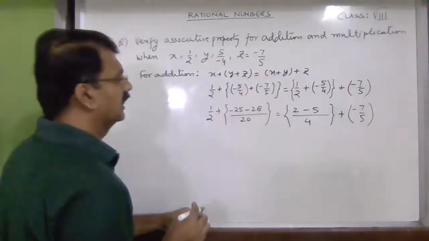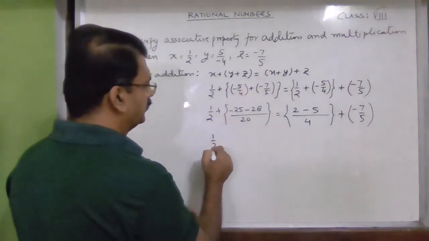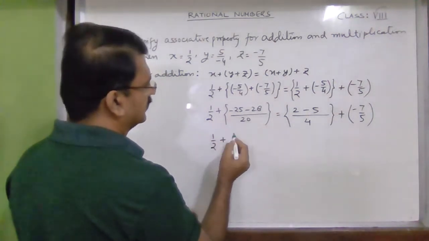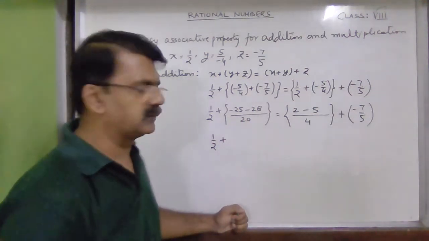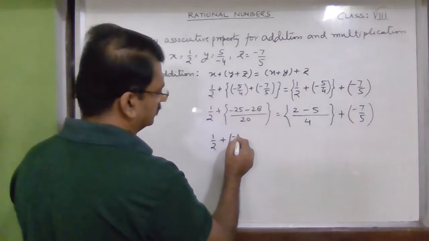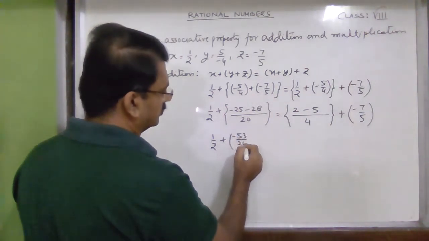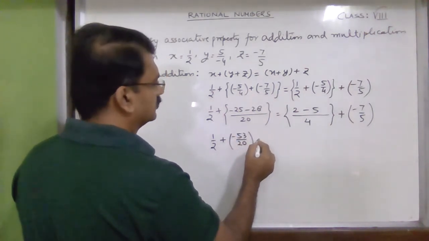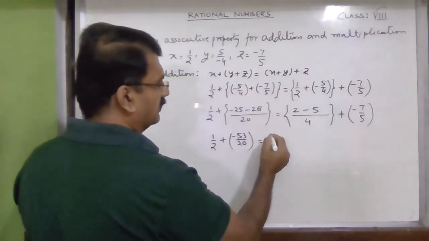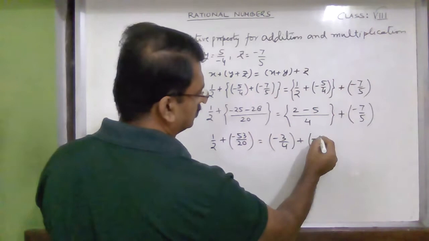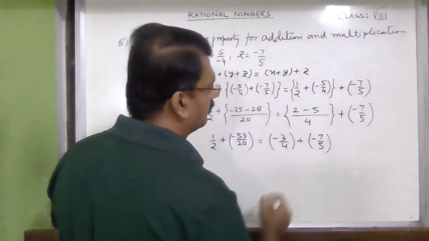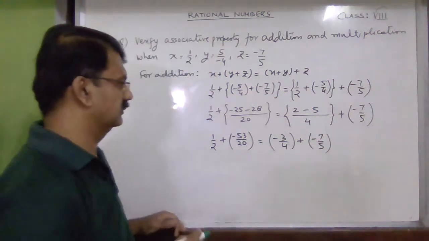Now 1/2 plus minus 5 by 4 gives minus 3 by 4, and minus 7 by 5.